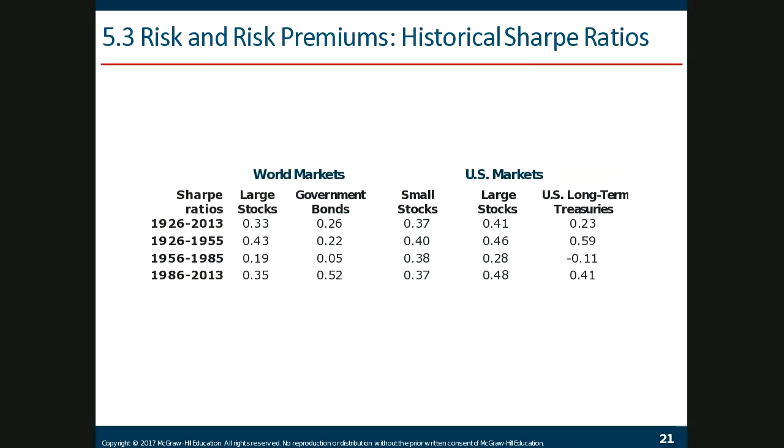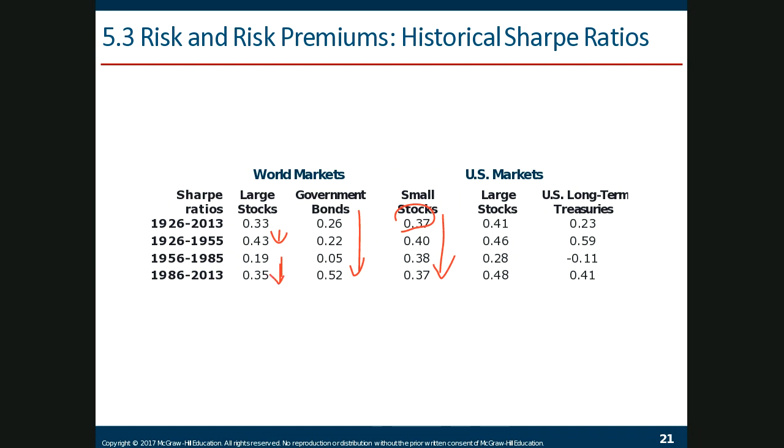So historical Sharpe ratios, we can talk about it. Small stocks are typically around 0.37, a little less than 0.4. Bonds, a little bit lower. Large stocks can be higher in the earlier years, but fluctuate.